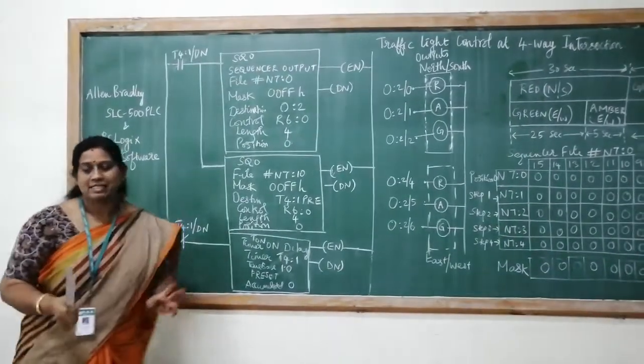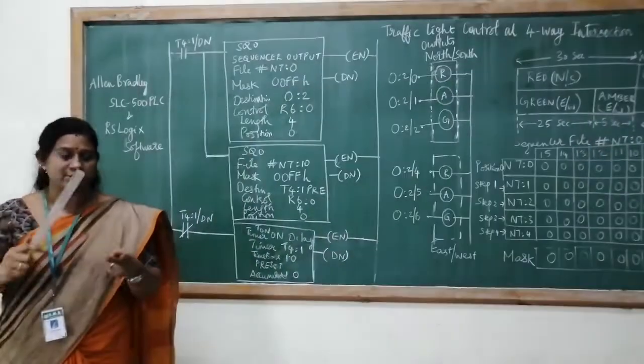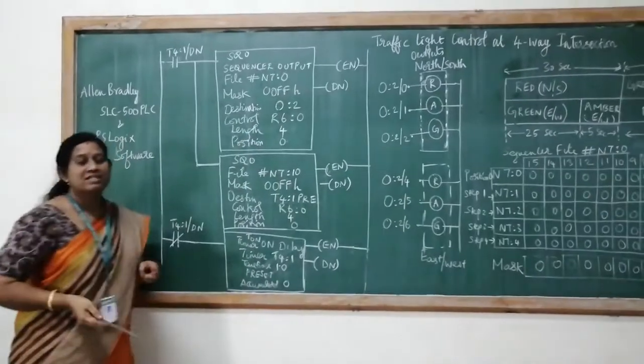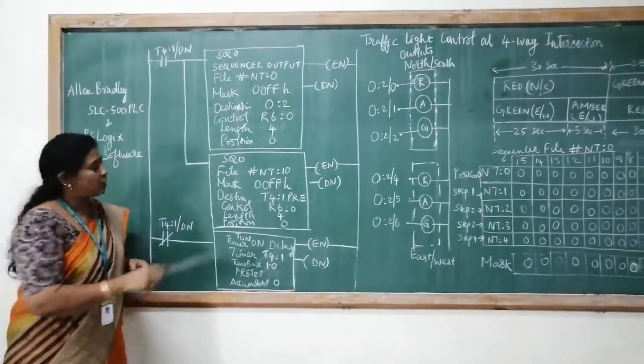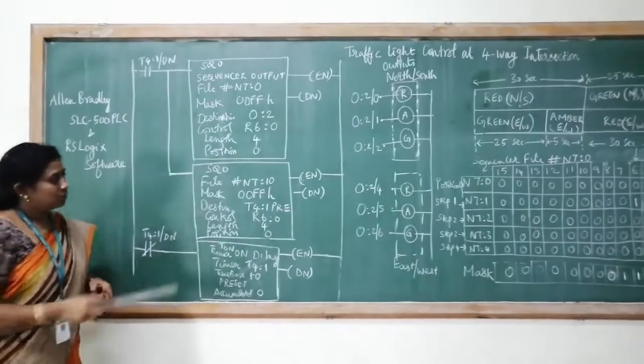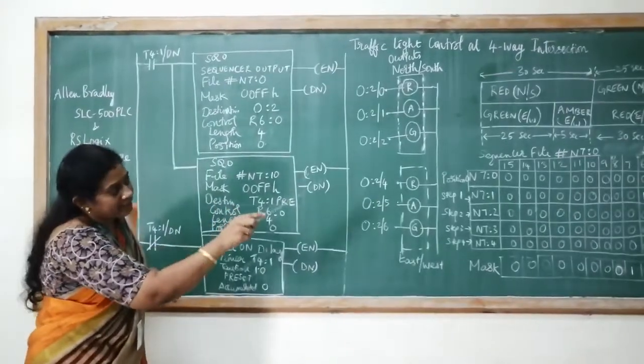So here, as I said, we have created 2 sequencer files, one for the light cycle's time setting. This is being mapped as N7:0. The next sequencer file is the timer file, that is N7:10, that's the timer setting.